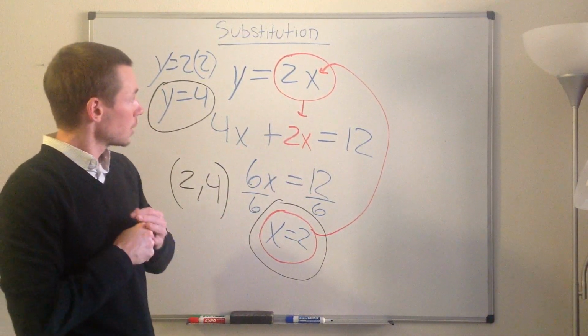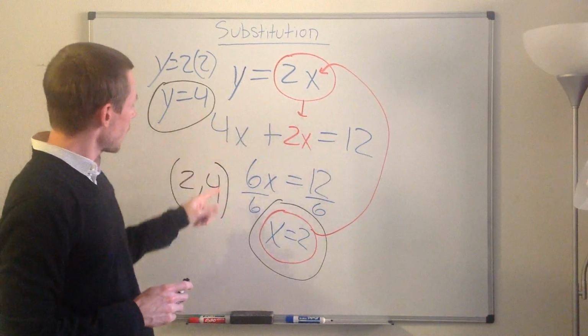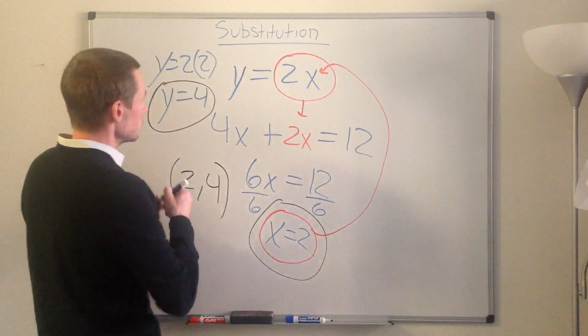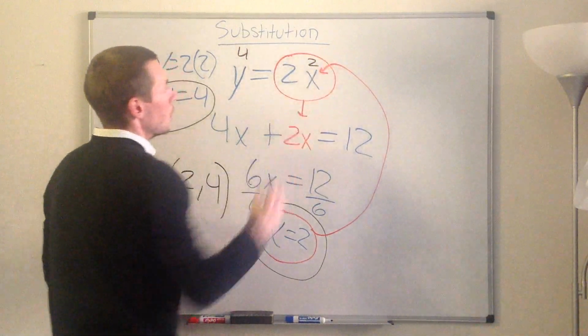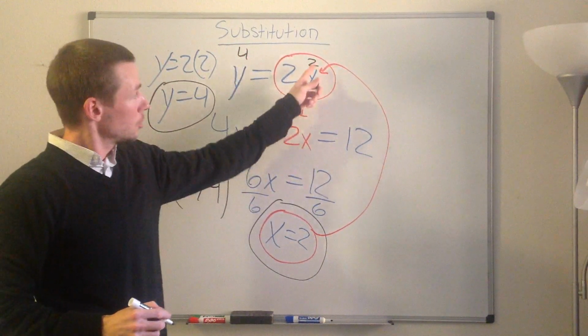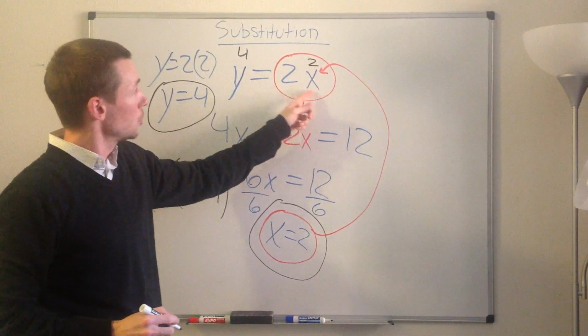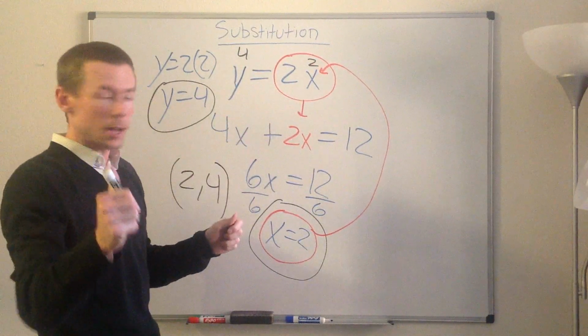So let's double check that. If I put in 4 here for y and 2 for x, does 2 times 2 equal 4? Yes, it does.